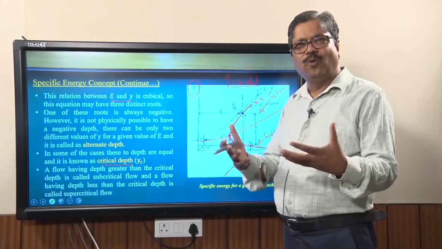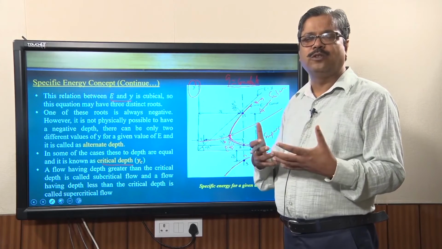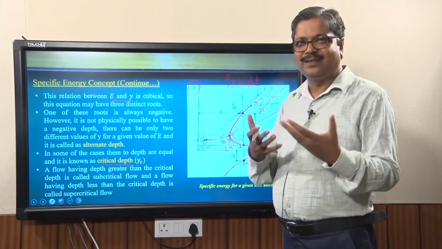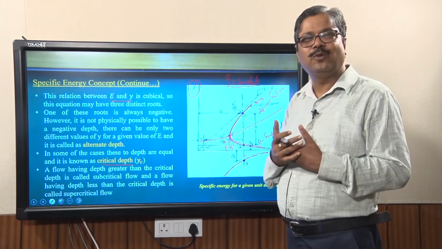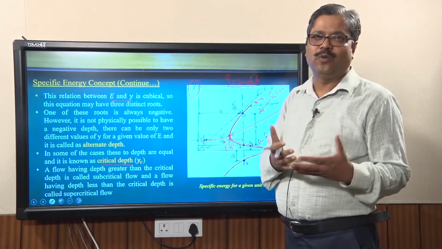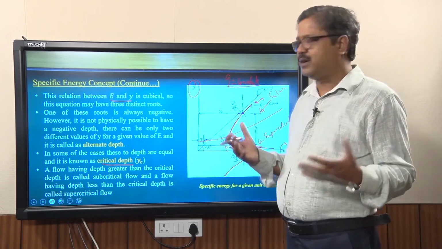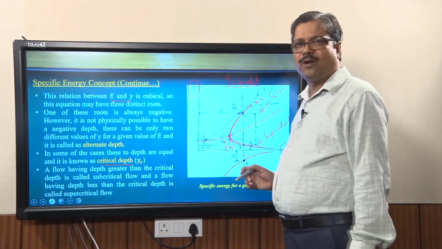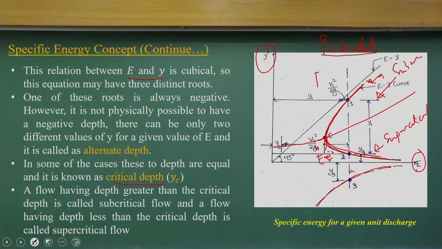No doubt you know that we can compute the flow Froude number in fluid mechanics or open channel flow to know whether the flow is subcritical or supercritical. A Froude number less than 1 gives subcritical flow, and a Froude number greater than 1 gives supercritical flow. By definition, you know that.